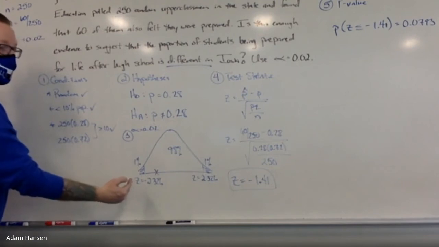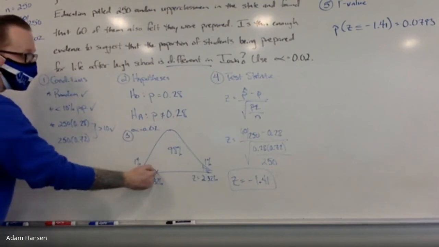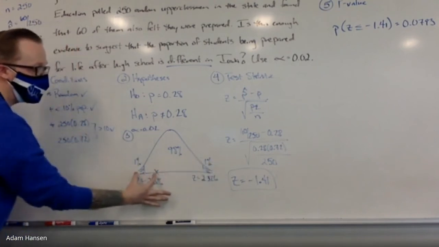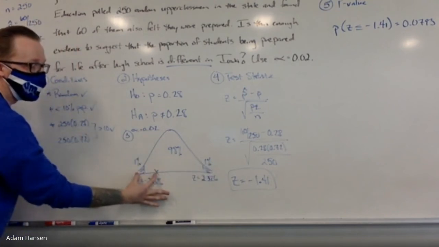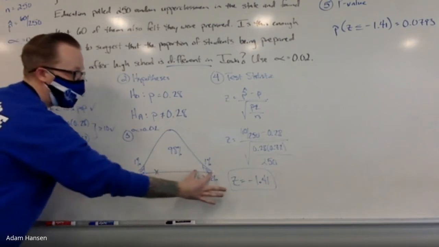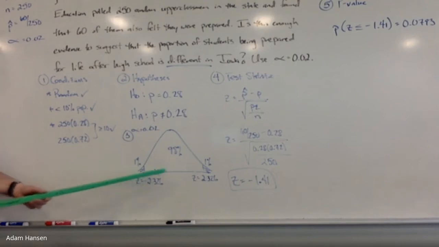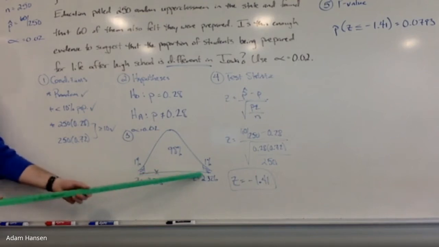The proportion of students that felt prepared could either change by getting smaller or getting larger. I only know the proportion that decreased in the left tail. I want the other tail too. So what do I have to do to that p-value? If I know the left tail, how do I also find the probability for the right tail?